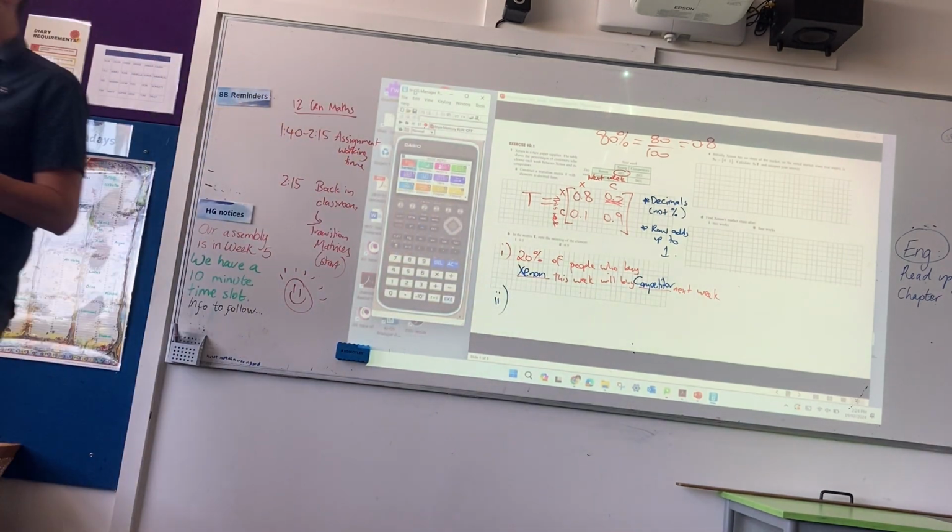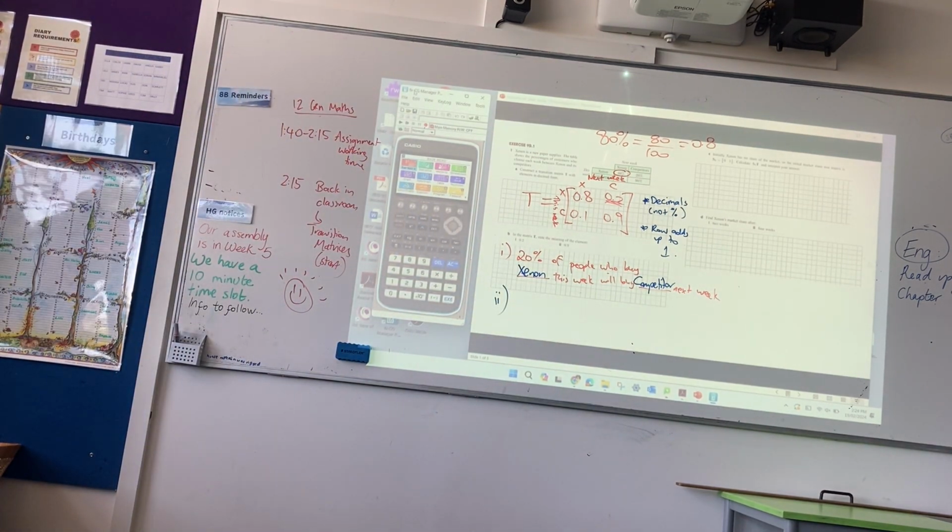Can you have a go at writing a sentence to answer part 2?